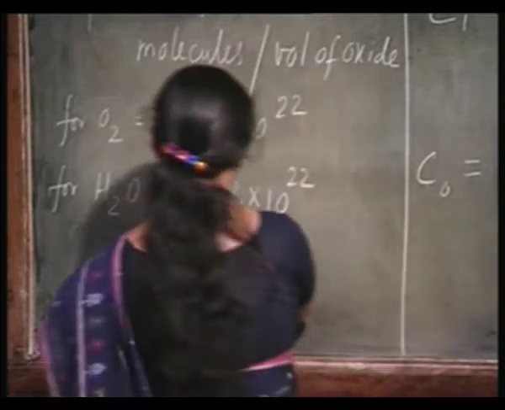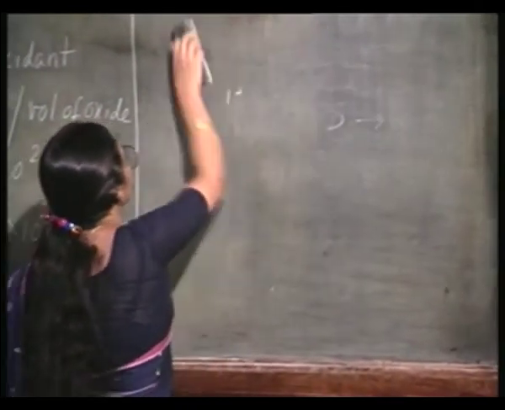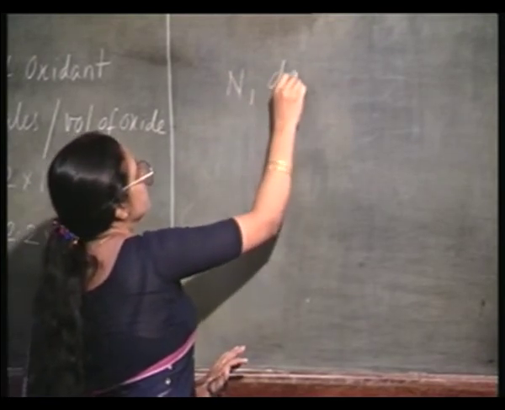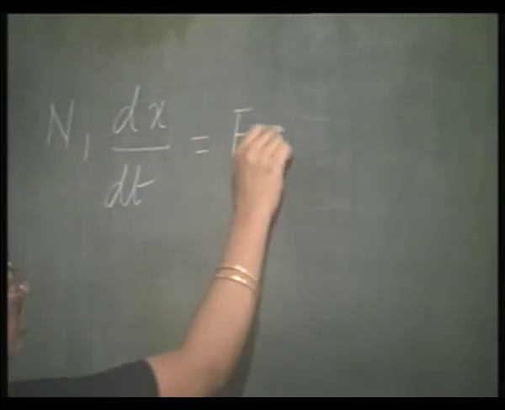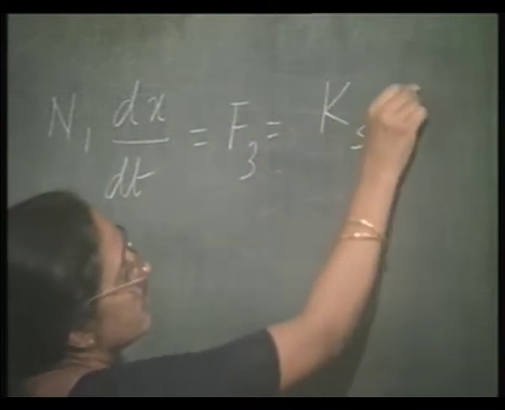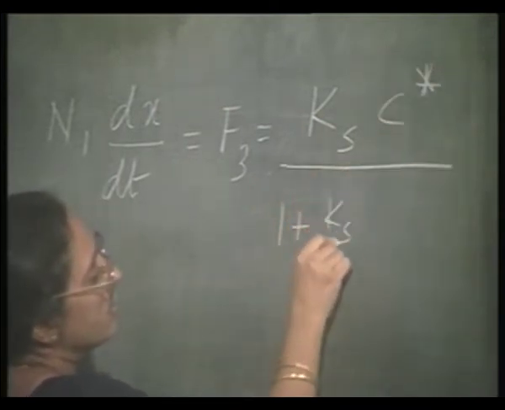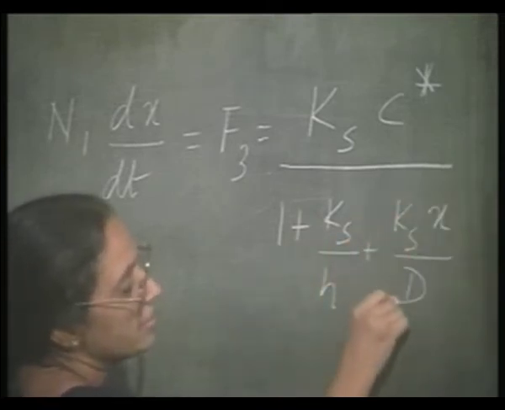So, I could say that it can be given as the flux. Since all the fluxes are identical under steady state condition, I could say N1 dx dt is equal to F3, that is equal to Ks C star divided by 1 plus Ks by H plus Ks x by D.